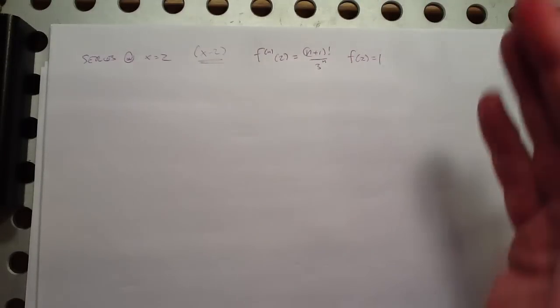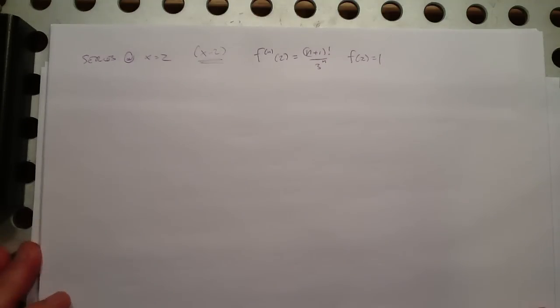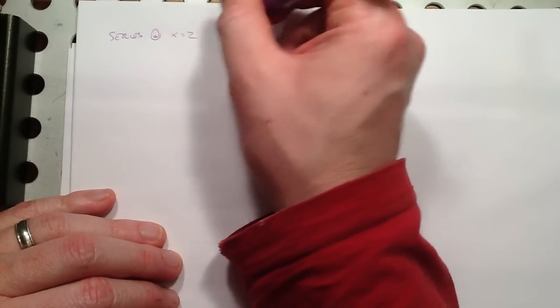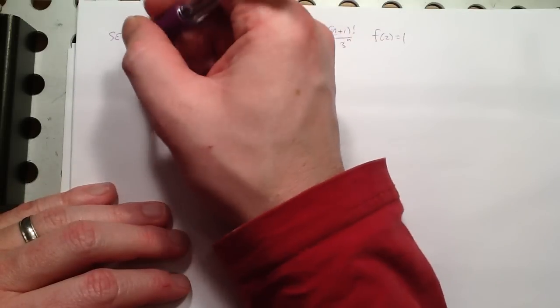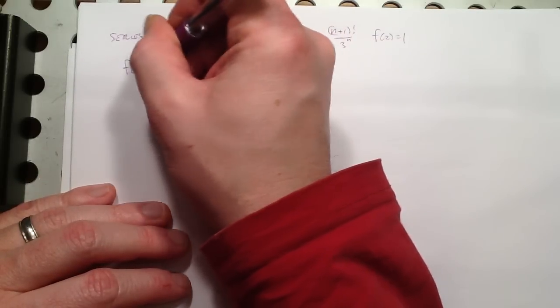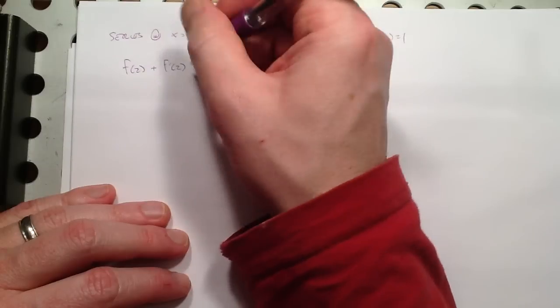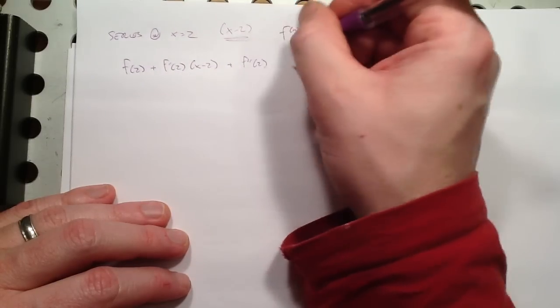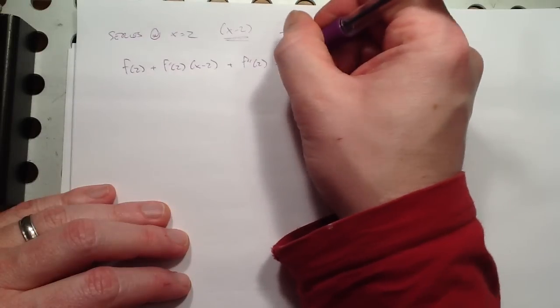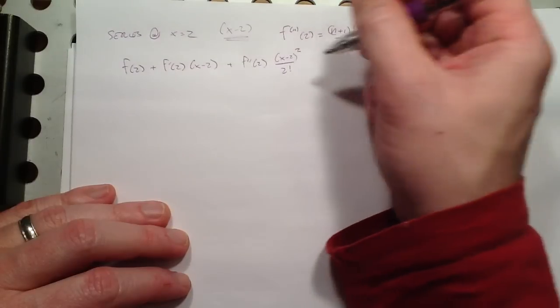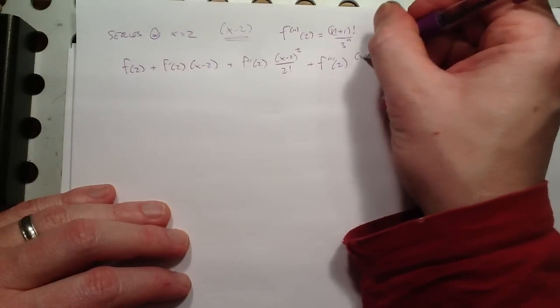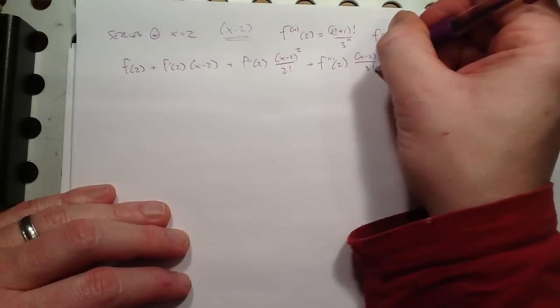All right, just as an exercise here, I'm going to write out the recipe for making a Taylor series. So the Taylor series at, well, at any number, but let's write it out at 2, would be f of 2 plus f prime of 2 times x minus 2 plus f double prime of 2 times x minus 2 squared over 2 factorial, plus f triple prime of 2 times x minus 2 cubed over 3 factorial.